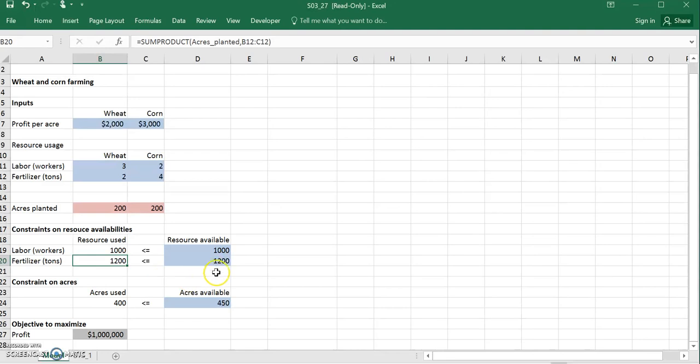And it's also important to note that the binding constraints are labor and fertilizer. What if there were a way to procure more of these things? The farmer might be interested in knowing that they could drastically increase their profit if they could get either more labor or more fertilizer. So I hope that this video has been helpful in interpreting your Solver models.